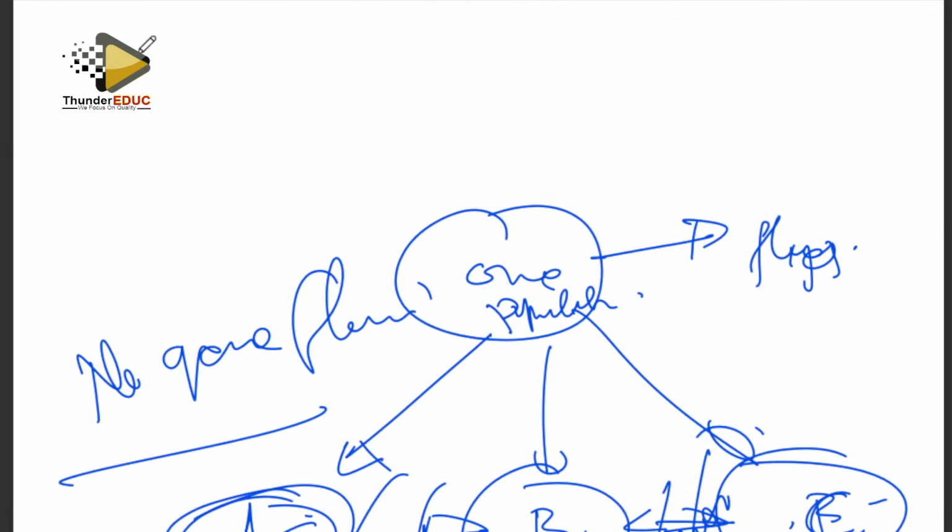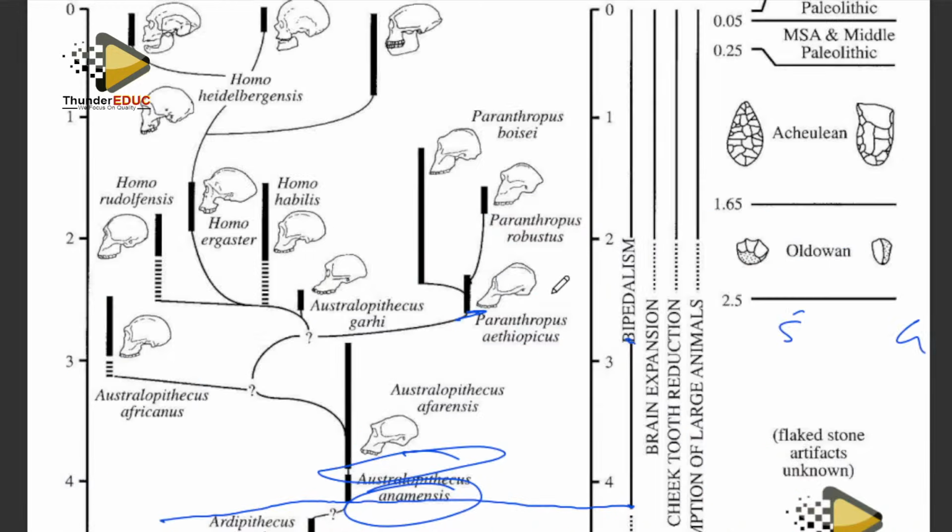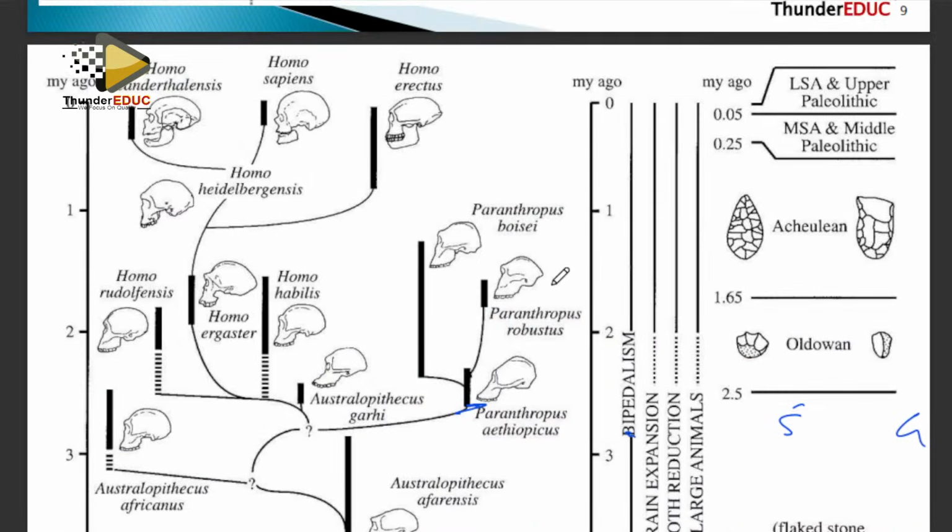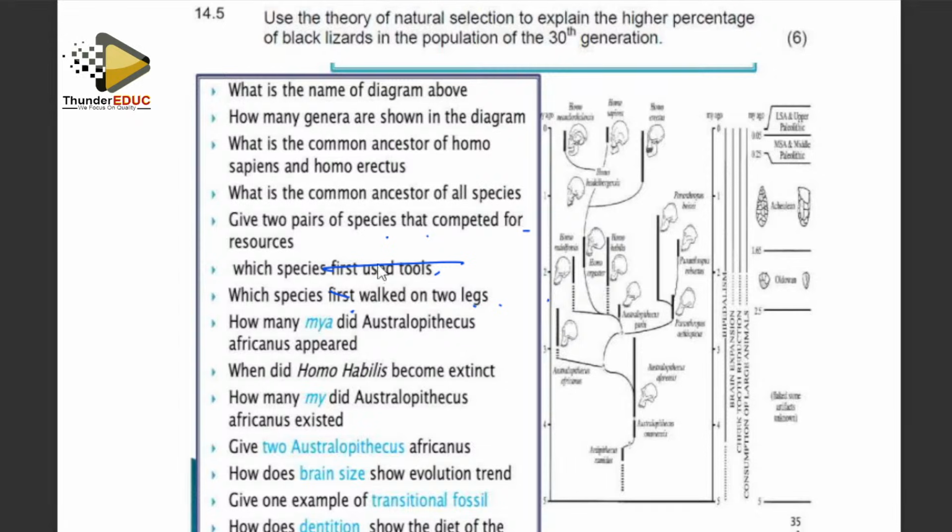Homo habilis became extinct. Okay, Homo habilis is here, so I draw a line. Remember our 0 is here. So it's 0, 1, 1.5, around maybe 1.7. It became extinct 1.7 million years ago. So it's done like that.